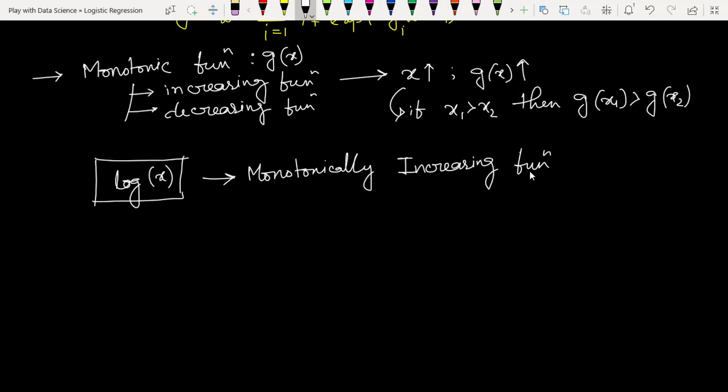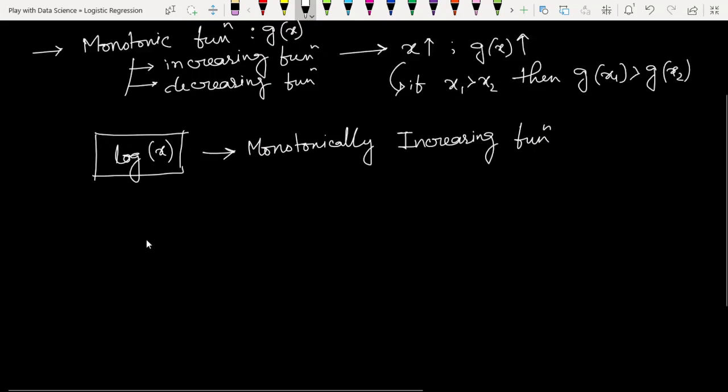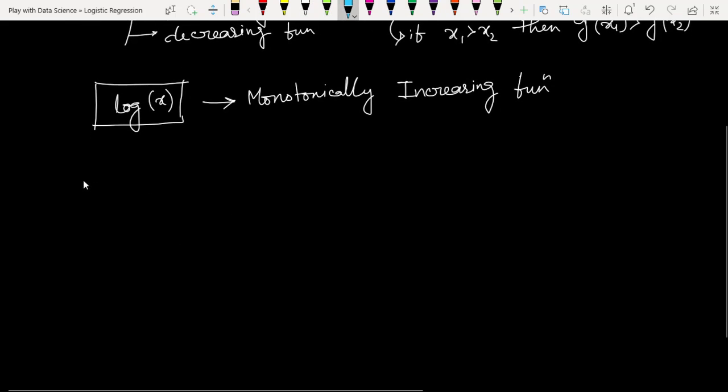Okay, now just write down an optimization problem. Let's take an example to understand this theorem.